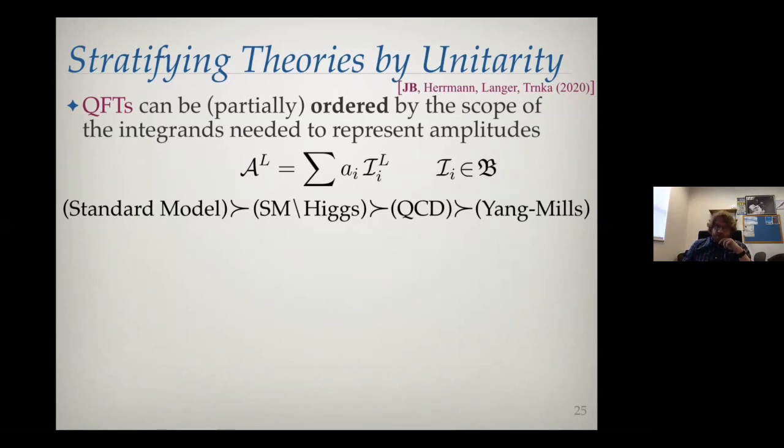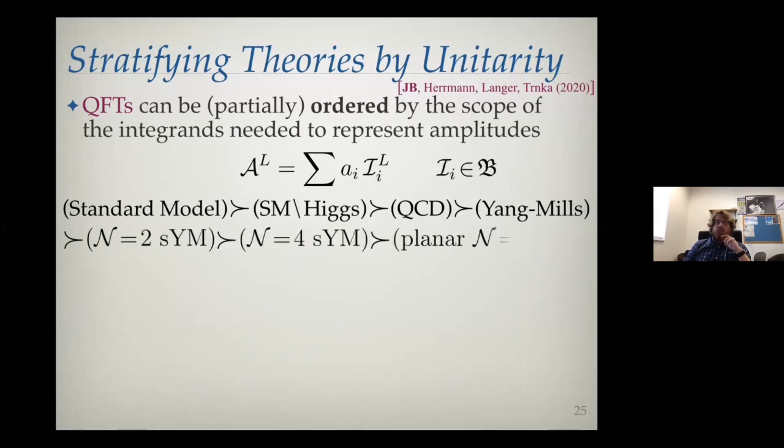What's extremely interesting is that this partial ordering exists even when it has nothing to do with the Feynman rules. So for example, there's a very strict sense in which N=2 supersymmetry is a bigger theory than N=4, which is a bigger theory than planar N=4. And that's very interesting. That Yang-Mills is a bigger theory than supersymmetric Yang-Mills might surprise you, because from the Feynman diagrammatic point of view, going to supersymmetry adds fields, adds lots of degrees of freedom, adds lots of Feynman rules.